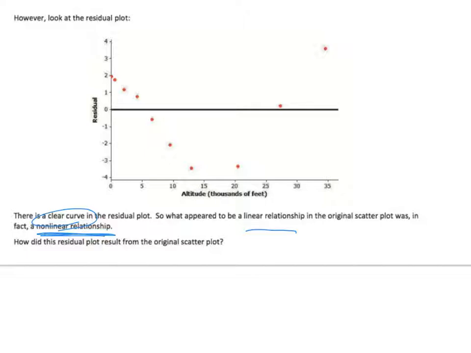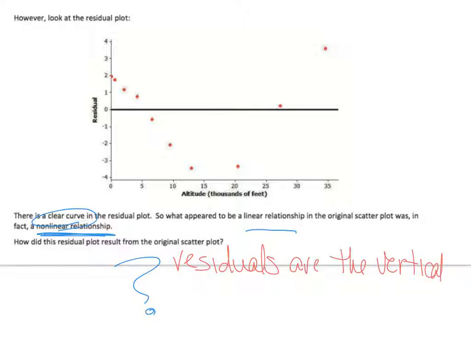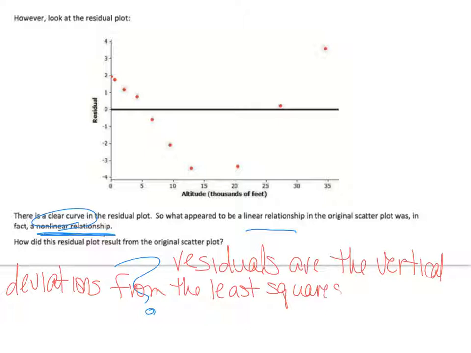How did this residual plot result from the original scatter plot? Well, the residuals, if I could spell, are the vertical deviations from the least squares line, or the best fit line. Okay, I'm going to finish up here.